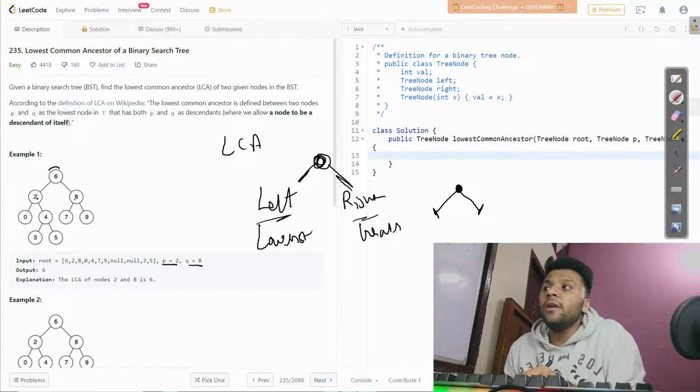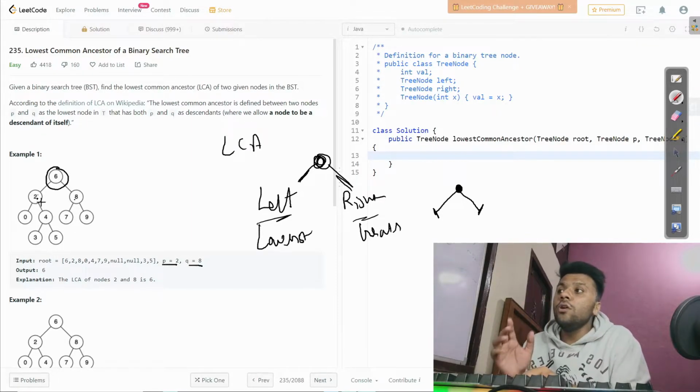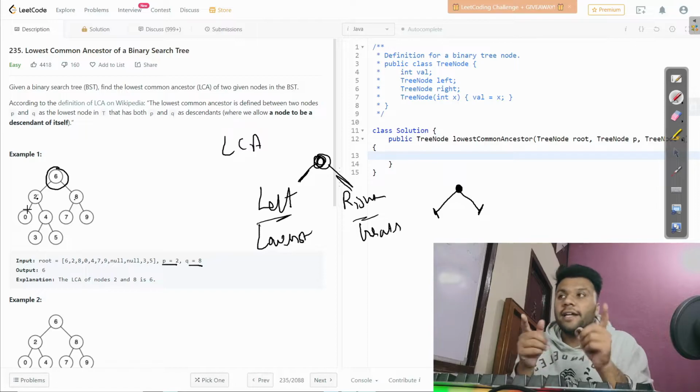If you look over here at 6, we have 8, which is more than 6, and 2, which is less than 6. Similarly, at 2 we have 4, which is greater than 2, and 0, which is less than 2 on the left. I hope you get the idea.